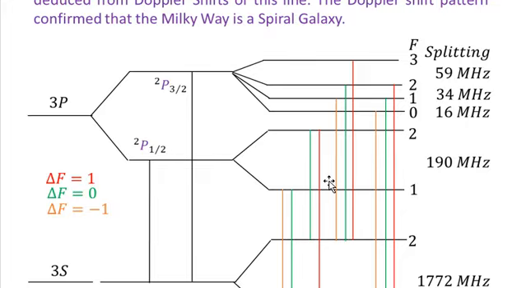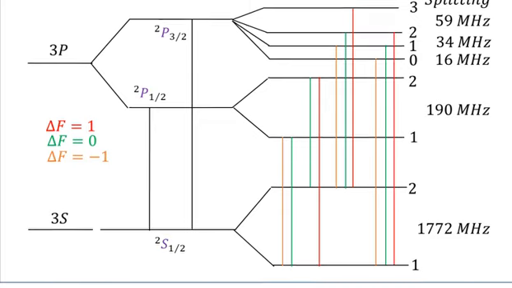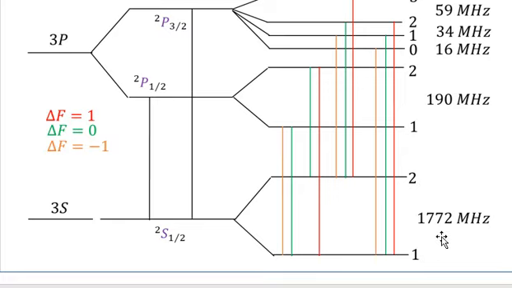So these are the two levels, and the splitting between them is 190 megahertz, not the same as for the lower state, which is 1772. This spacing is not to scale. So the separation between the two hyperfine levels corresponding to 3p1/2 is 190 megahertz.